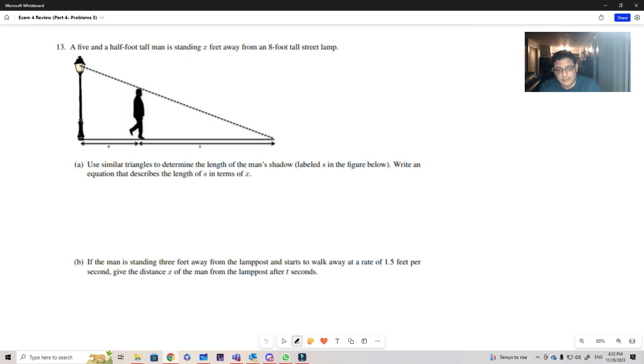So we can do that by setting up the similarity of triangles. We have two triangles here. We have the big triangle that goes here, and where the man's standing, a second triangle is generated, the small one. This measures S, this measures X here, and the man is standing here, and the street lamp is here measuring 8.